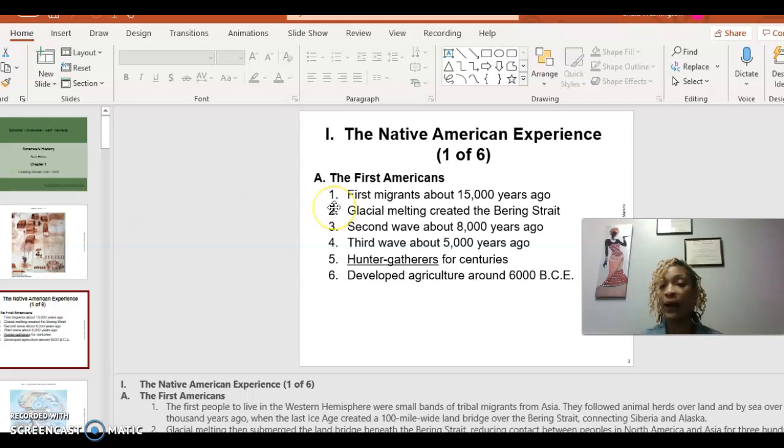So the PowerPoint is for you guys to pretty much focus in on the most important information, the most important topics, because the chapters in your book are about 40 to 50 pages long per chapter. So the slides, we just kind of condense it to where you have about 30 to 40 slides with visuals and information in a mixture to kind of give you a clearer picture of what's going on.